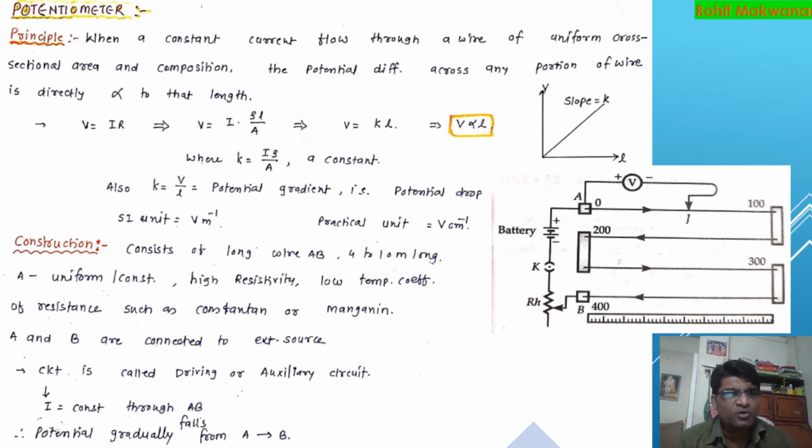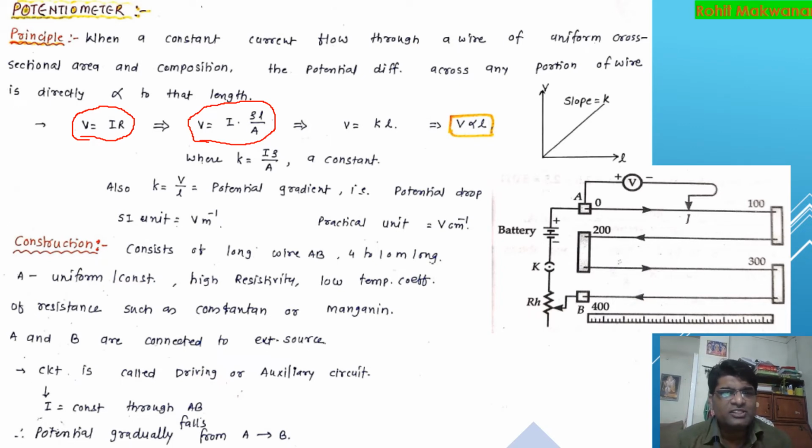You know Ohm's law, V is equal to IR. If you substitute R, it becomes rho L by A. So here I have substituted the value of R, and that value is rho L by A. From this, we can now state the principle.